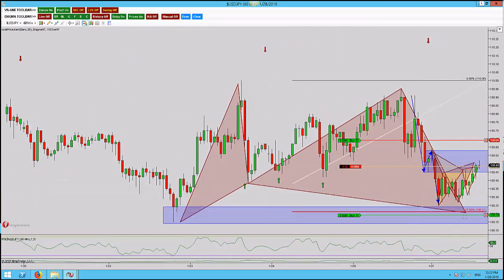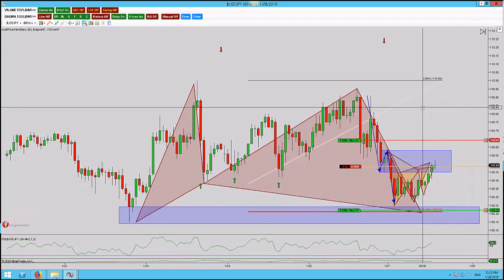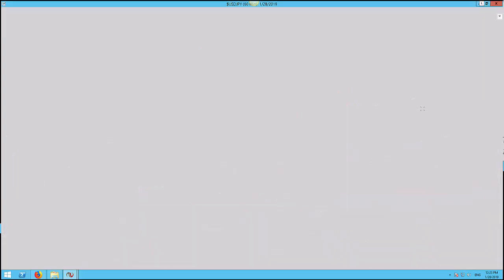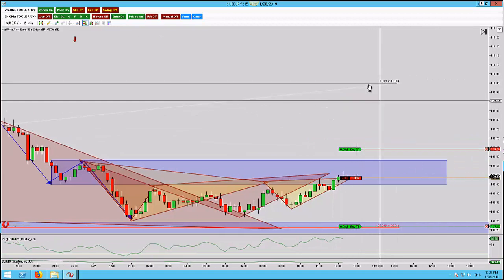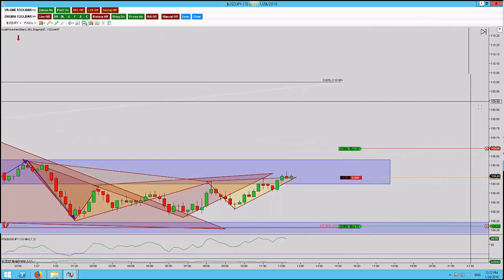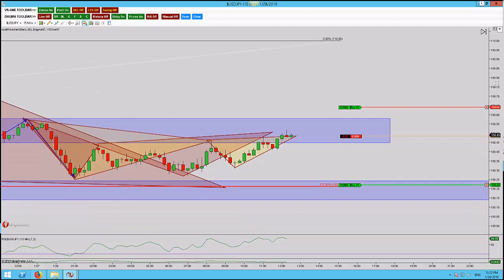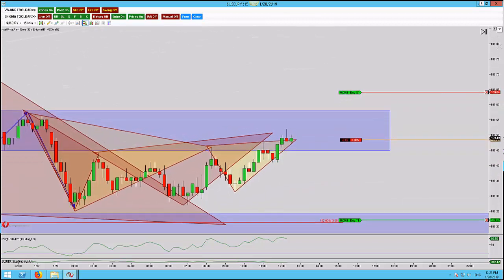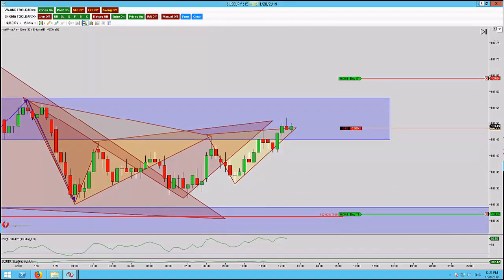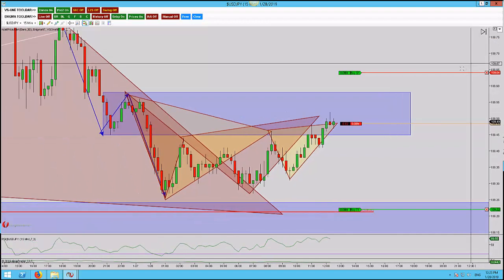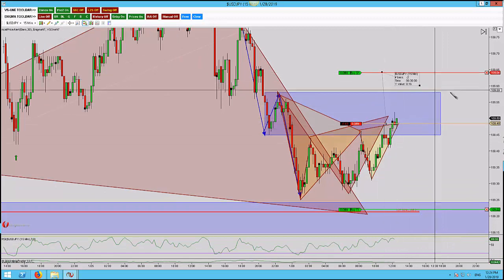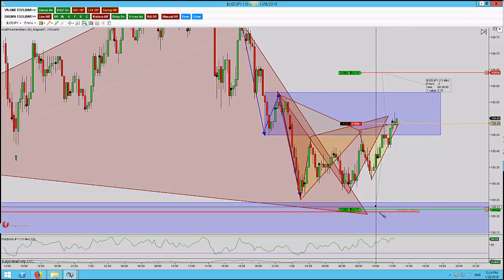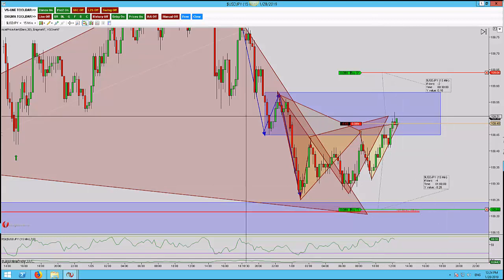Okay, so I've repositioned that now to just above that 127 fib. It does mean then, in terms of the risk and reward, and position this correctly, we're looking at 16 for 26.